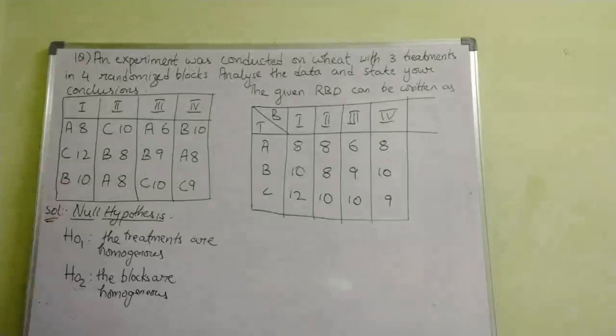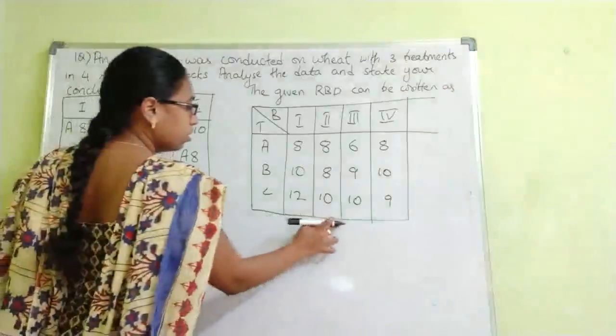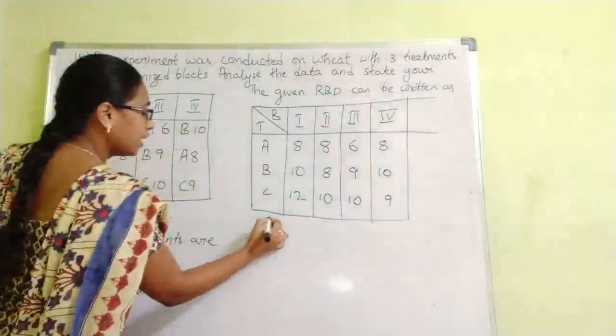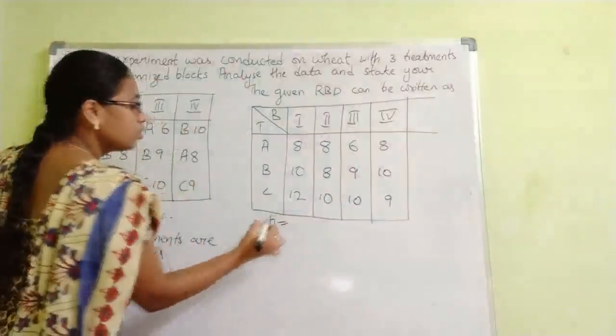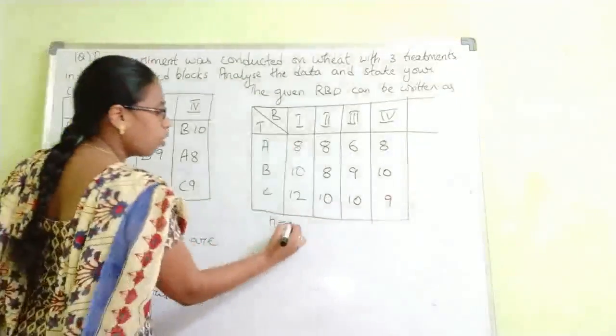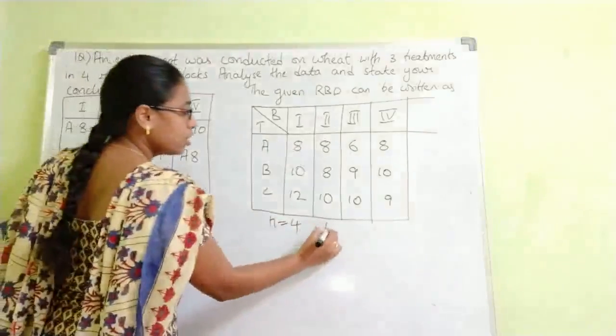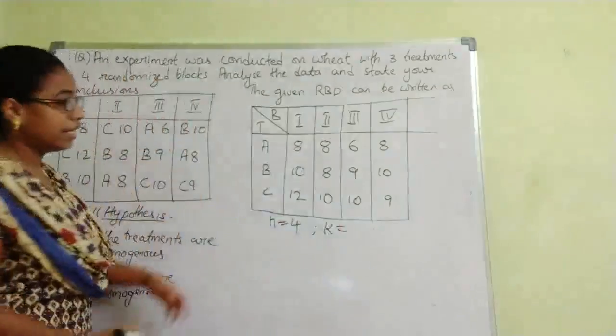Now we will go to our steps for ANOVA. Before that, what are the given values? From the above data, what is the H value? H equals the number of blocks. How many blocks do we have? 4 blocks. So H equals 4, and K equals the number of treatments in each block.